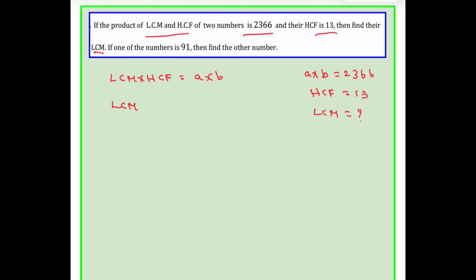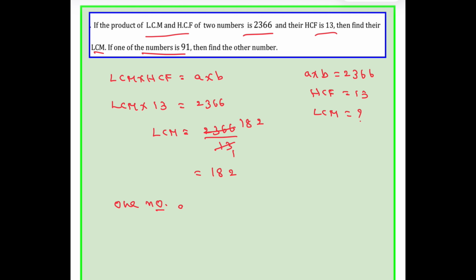Then LCM into HCF 13 equals the product 2366. LCM equals 2366 divided by 13. If you cancel 13 and 2366, you will get 182. Therefore, LCM is 182.